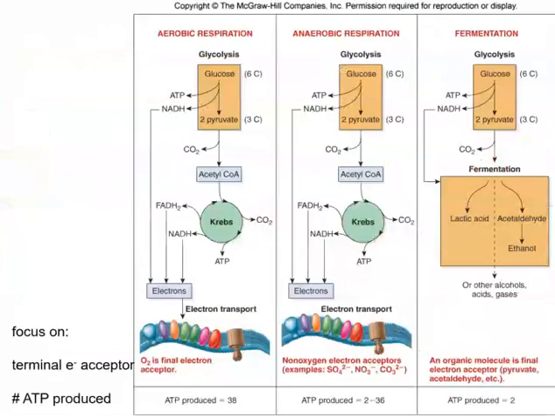Here are some images from a microbiology textbook. So, a lot of what we know about human metabolism, we know because these metabolic systems were studied in bacteria and yeast.